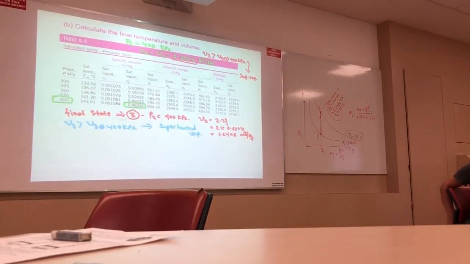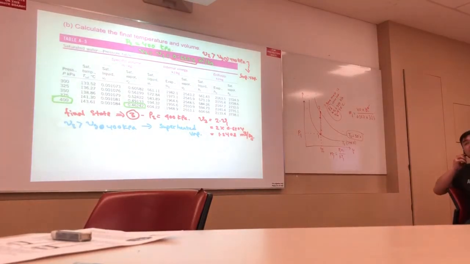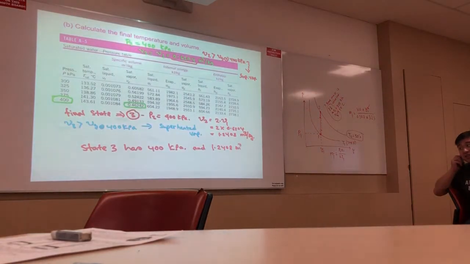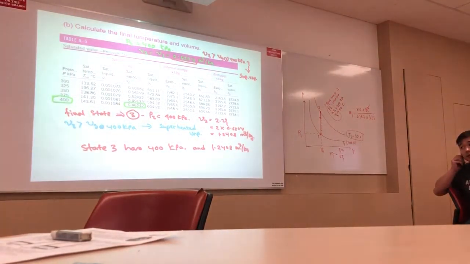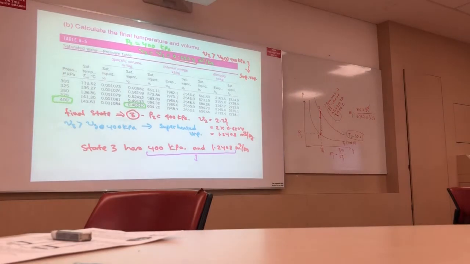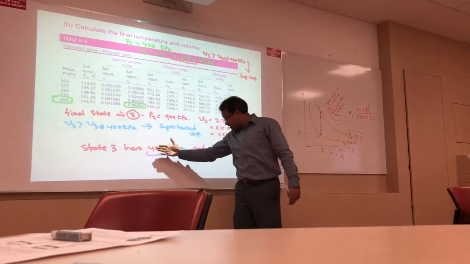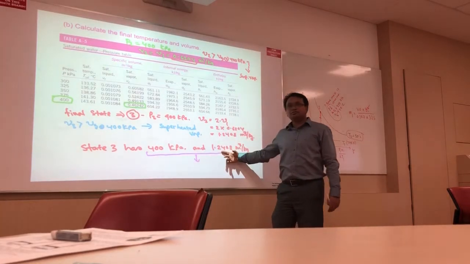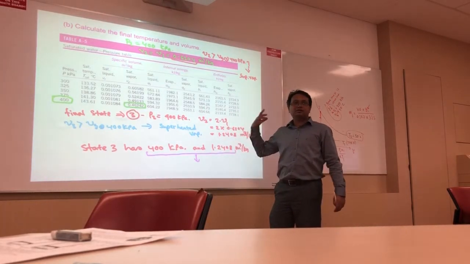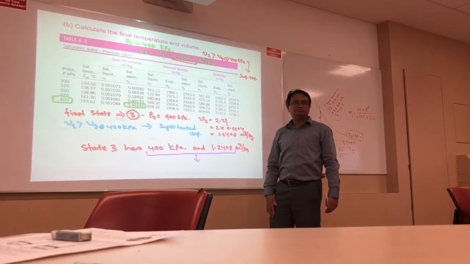State 3 has 400 kilopascal and specific volume 1.2408 meter cube per kilogram. Now I have to go to table A6, because it is superheated vapor with this pressure and this specific volume. Then I can calculate the final temperature. Understand?